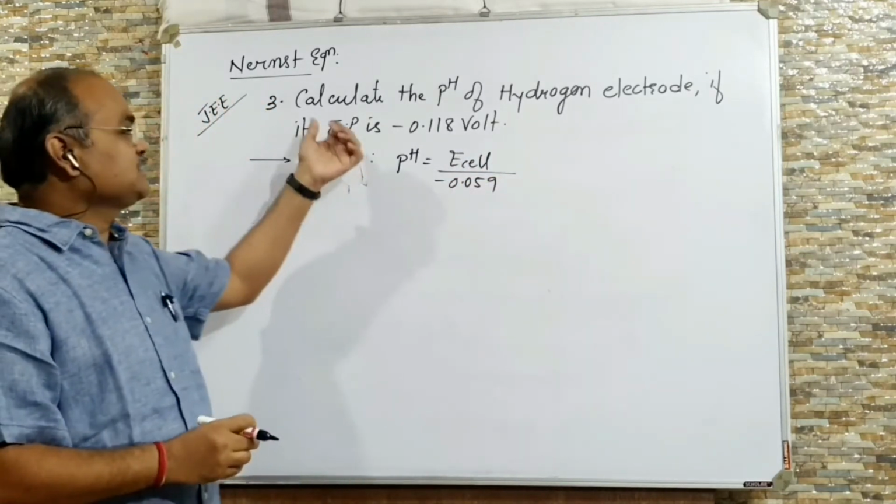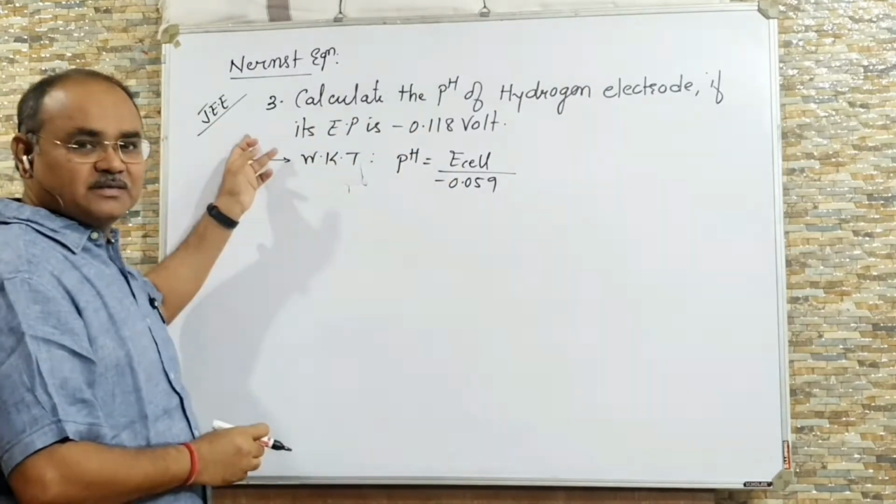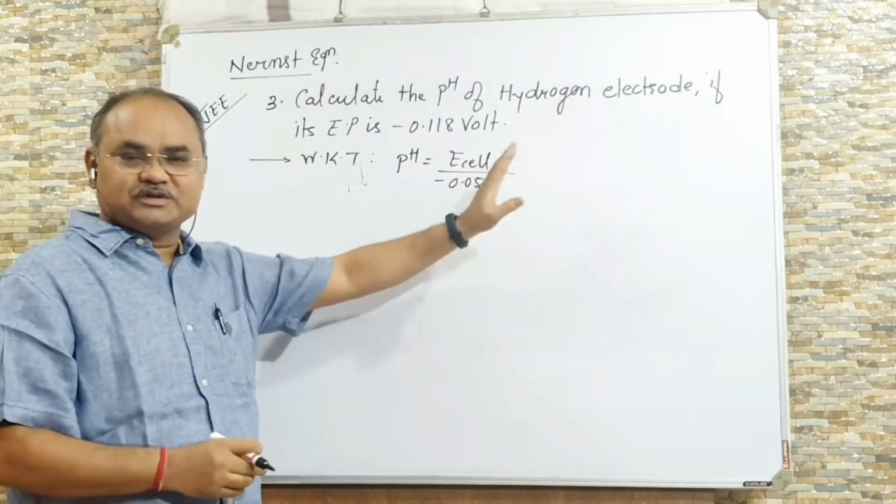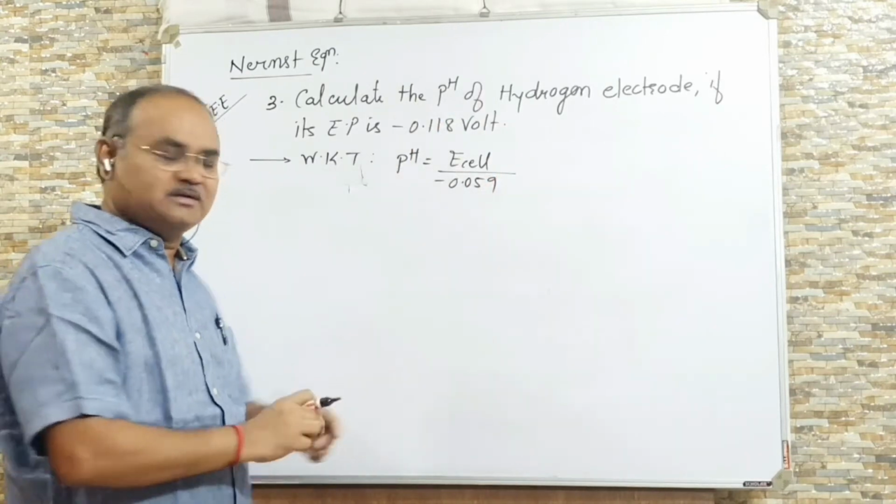See, whenever this type of question is asked in a competitive exam, you can use the formula directly because MCQs are there. In the board exam, you have to show the method.